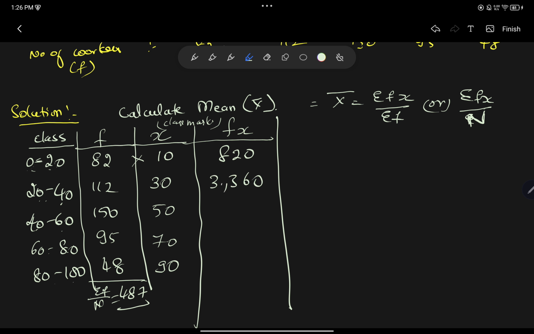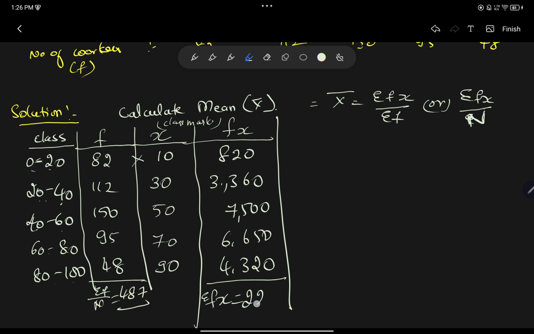Next, 150 into 50 is 7500. 95 into 70 is 6650. 48 into 90 is 4320.